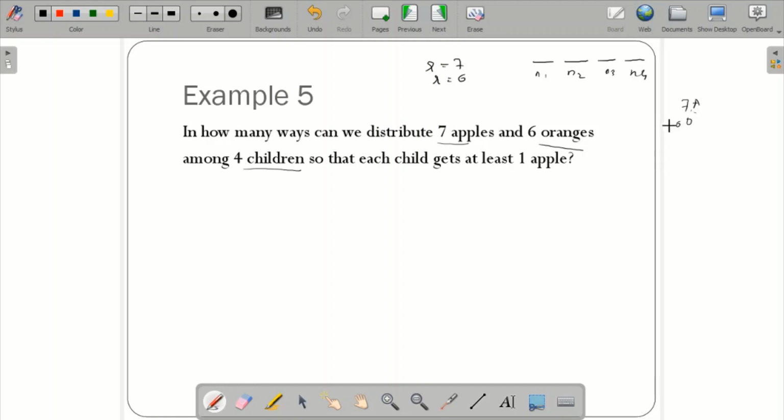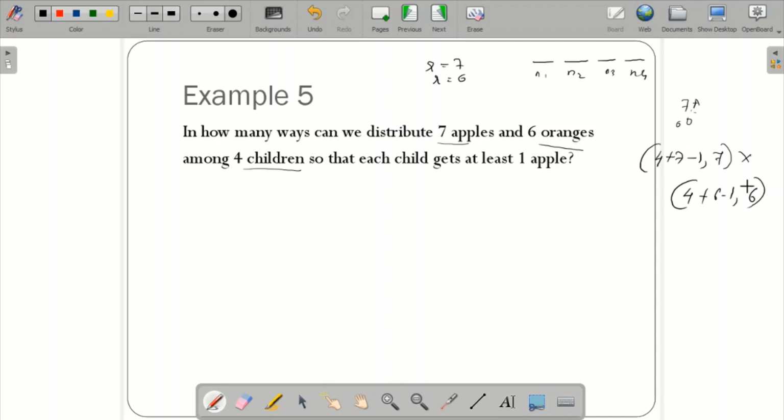So what we can do is, in how many ways can we distribute 7 apples and 6 oranges among 4 children? In case there was no condition, I need to distribute the 7 apples among 4 children. So it would be the combination of 4 plus 7 minus 1 comma 7, into 6 oranges again, 4 plus 6 minus 1 comma 6.